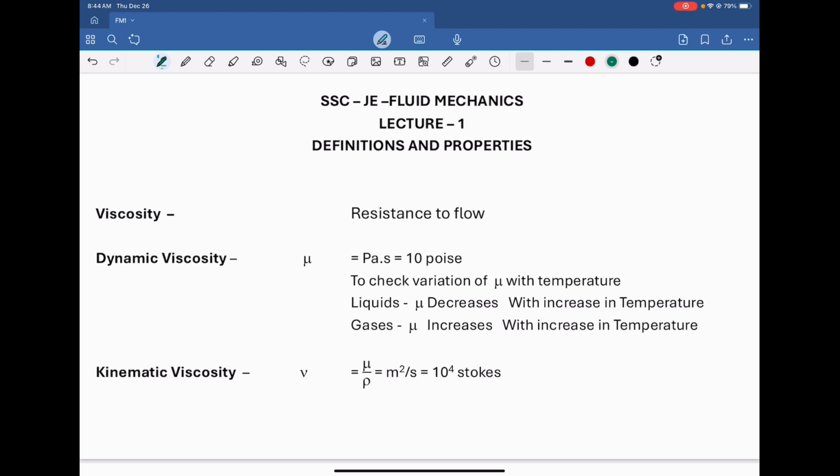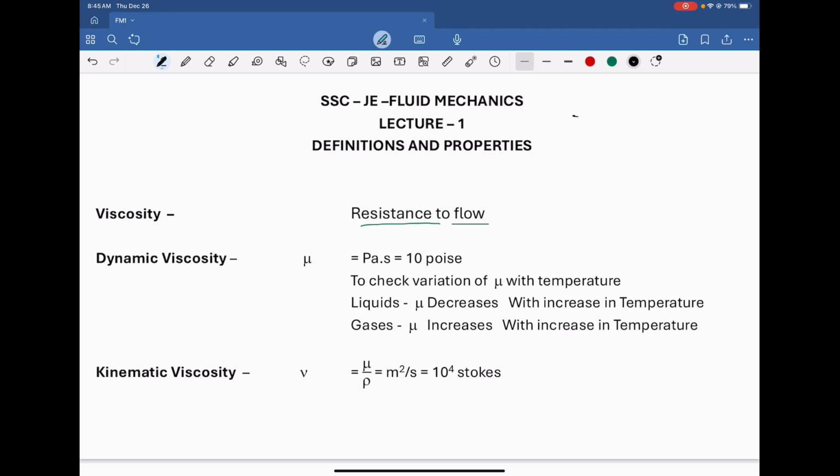Next comes viscosity. What is the definition of viscosity? Viscosity is the term used to understand the resistance to flow. Please take a small tube, an open tube.